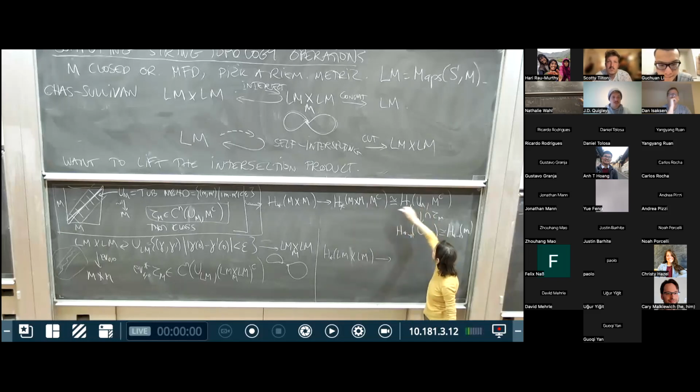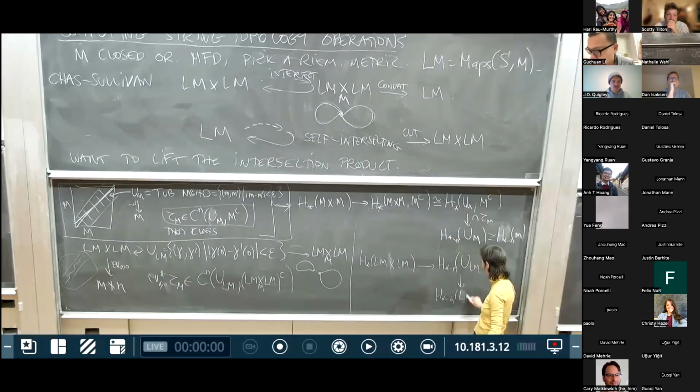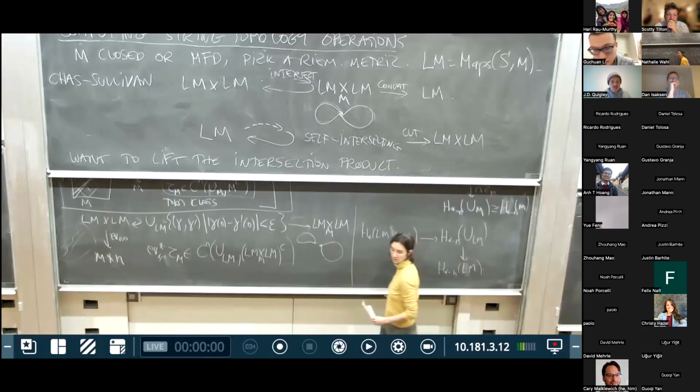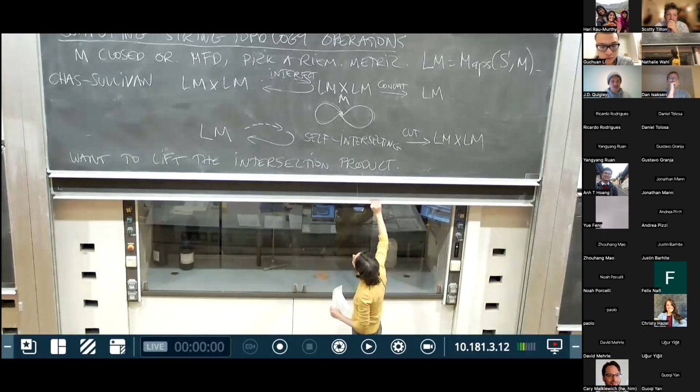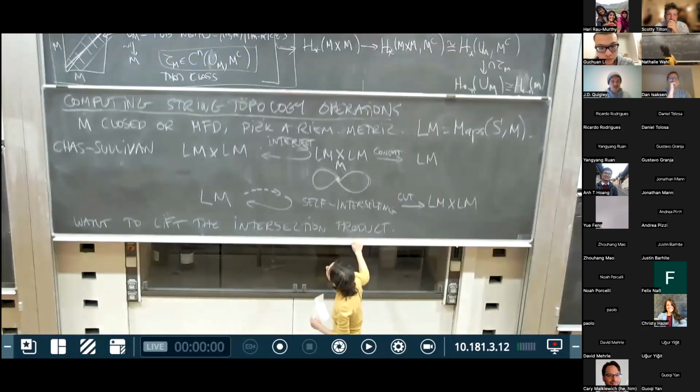We use excision to go into this neighborhood, and then we cap with the Thom class, and then pull back the class, and it will land us in the homology of the neighborhood, which we can then rewrite as the homology of the loop space. So this is how you can formally define a product.